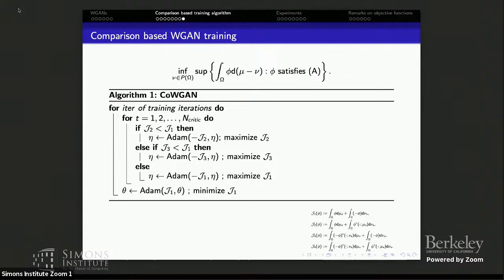In fact, I just wrote maximize J2 for simplicity, but more precisely, this increases J2 so that J1 is less than or equal to J2. And we do similar steps here. Then if we have the right inequalities, we maximize J1. So this is exactly solving the first problem. And lastly, we also need to minimize J1 with respect to theta.